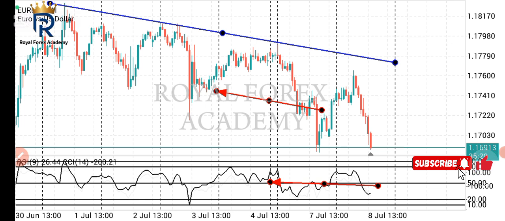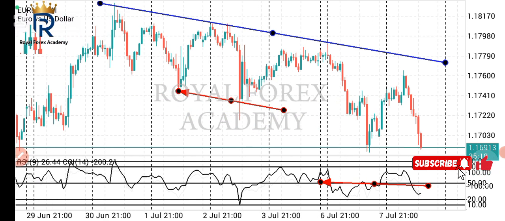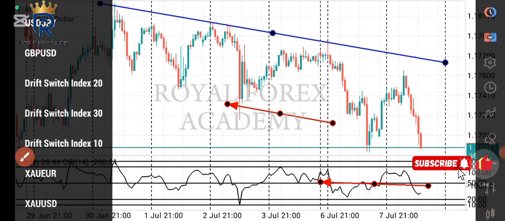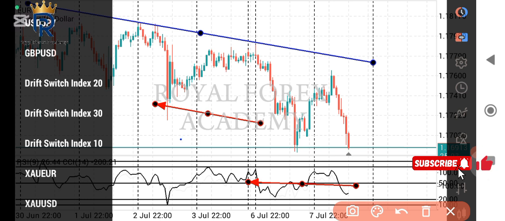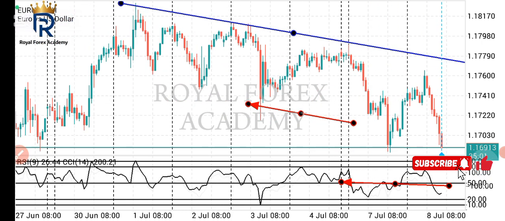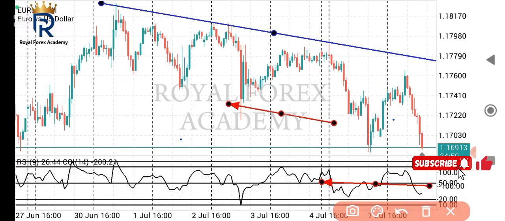Now let me illustrate something for you. I'm trying to bring up the chart, so let me illustrate this properly. Now you realize that, look at this price movement.